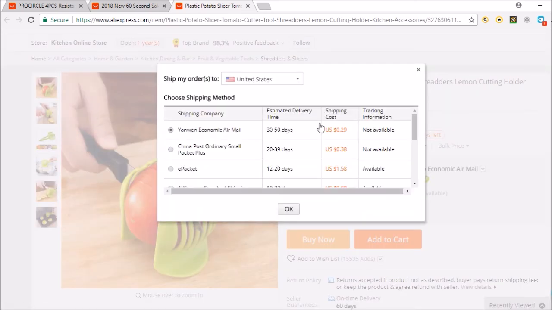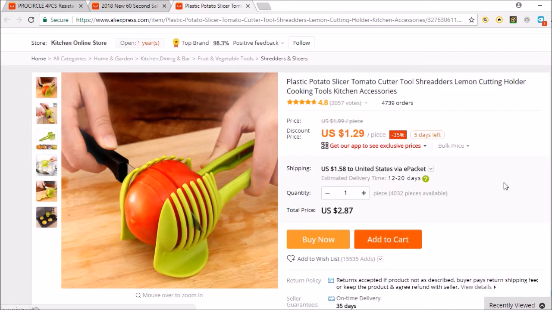I'll just set up the shipping here. So let's go e-packet. Someone gets this product, goes to your website and it says it's free. When they go to check out, they have to pay the shipping. So what you do is incorporate this price, $1.58 and $1.29. You incorporate that, so what is that? $2.58.